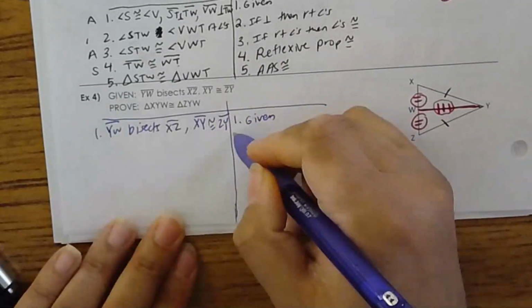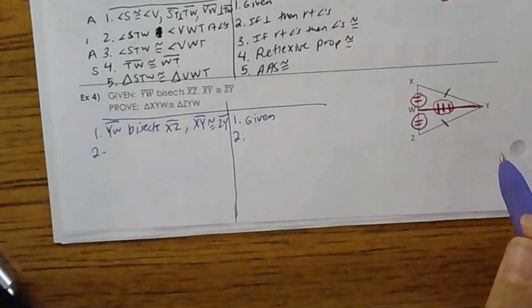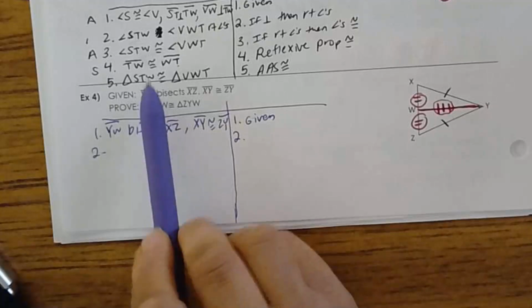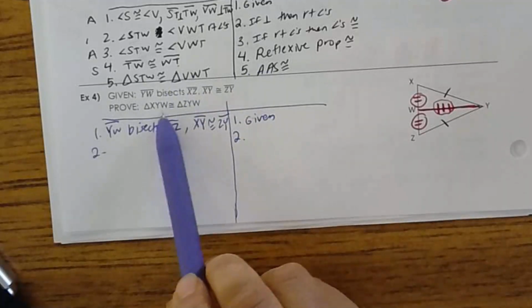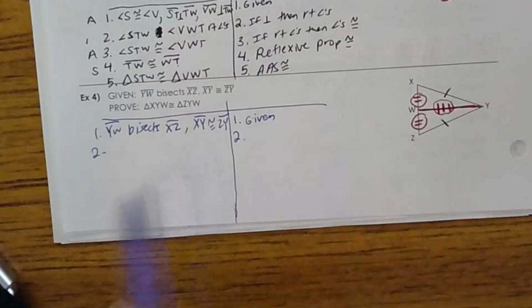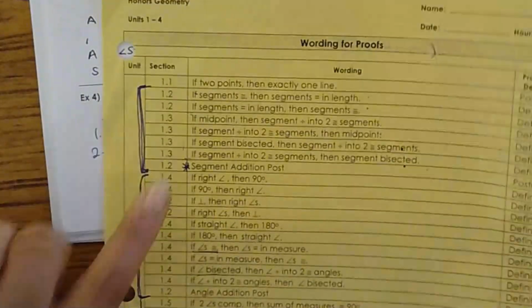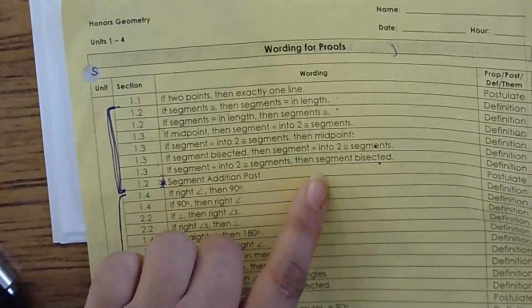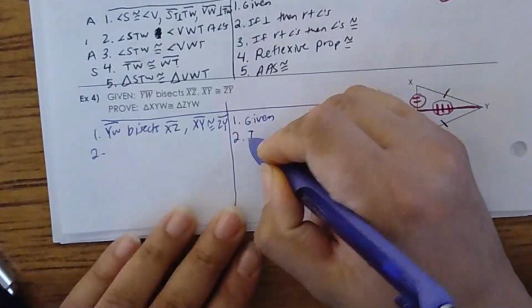Okay, step 2, you can start with either the reflexive property, or you can say the if bisects, segment bisected then, and if you need help finding where that is, it is at the top here. If segment bisected, then the segment divides into 2 congruent segments. Okay, so I'll just start there because that was my first given.